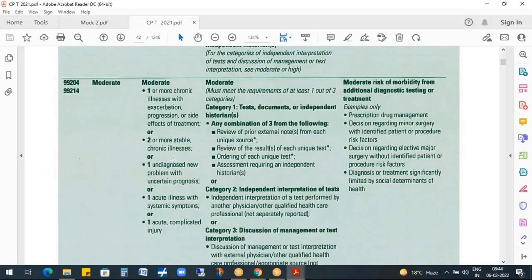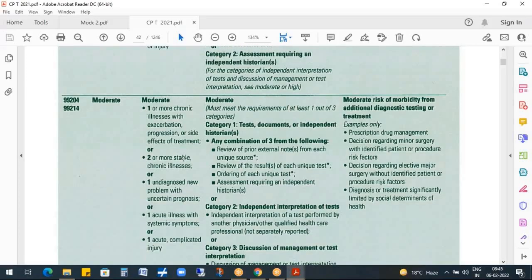Or if you have any two chronic conditions like hypertension, ESRD, documented as stable, then also moderate level. Any one chronic condition that is exacerbated, like acute congestive heart failure, then you can go for moderate. Understood now?